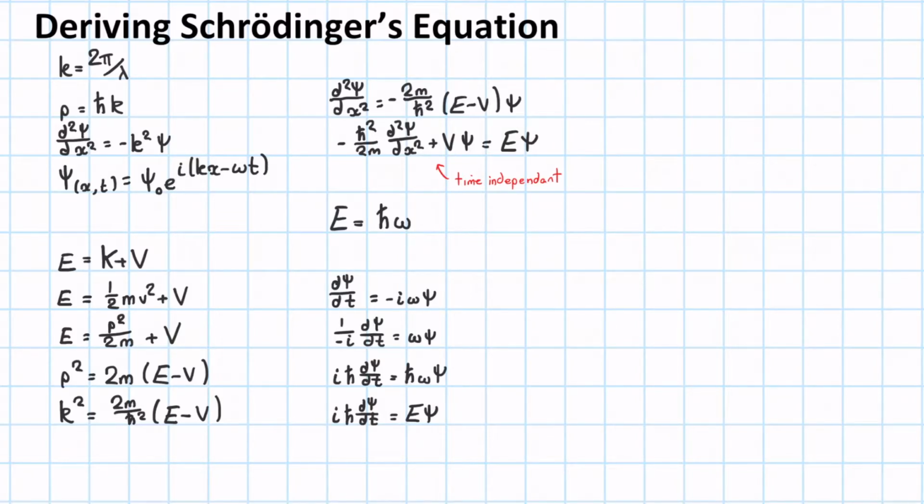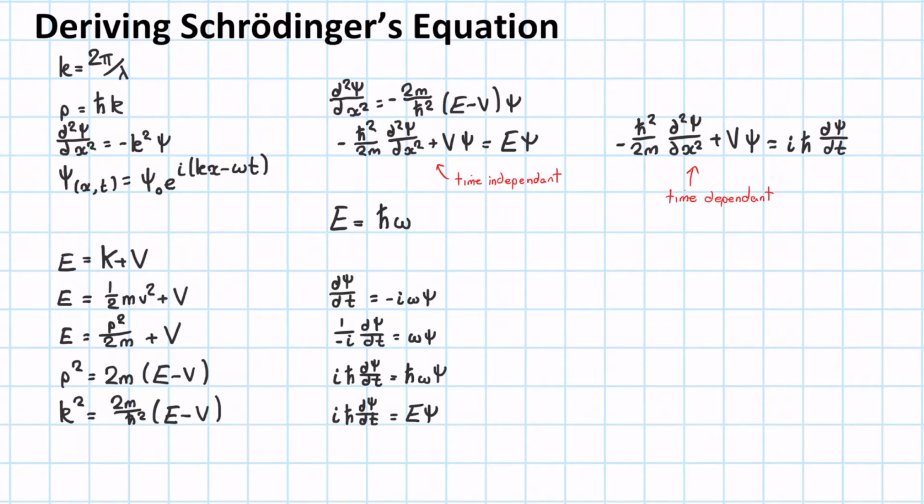And this yields the following. It says that minus h bar squared over 2m d squared phi by dx squared plus V of phi is equal to i h bar d phi by dt. And now this is the time-dependent Schrodinger equation.